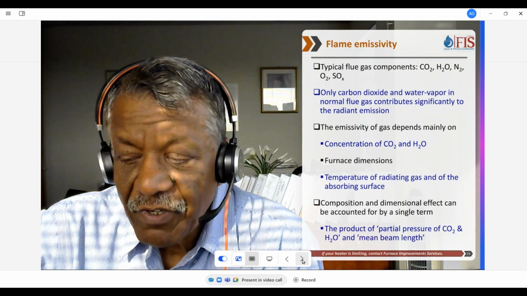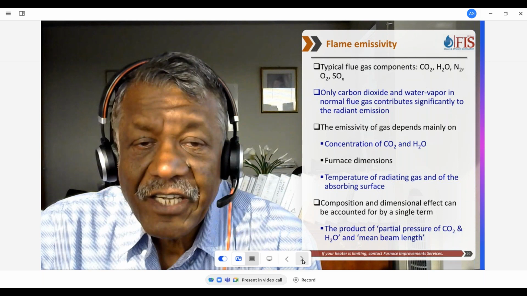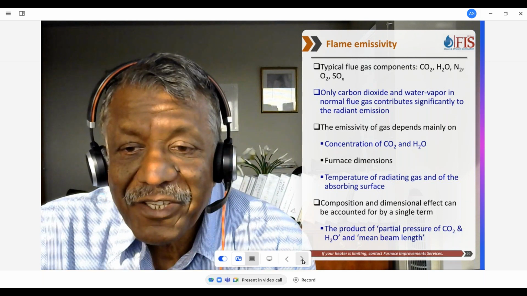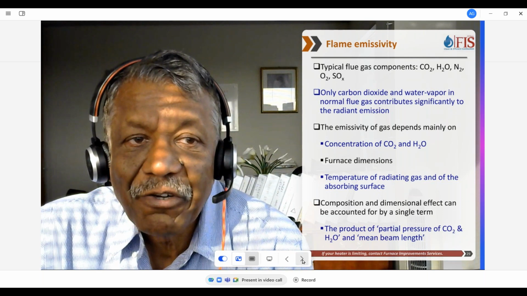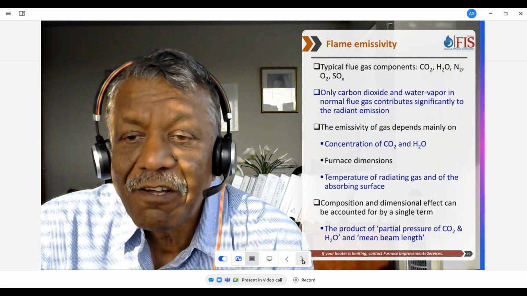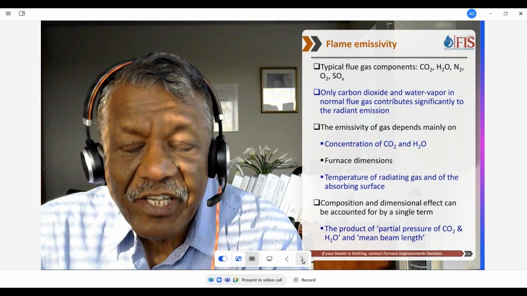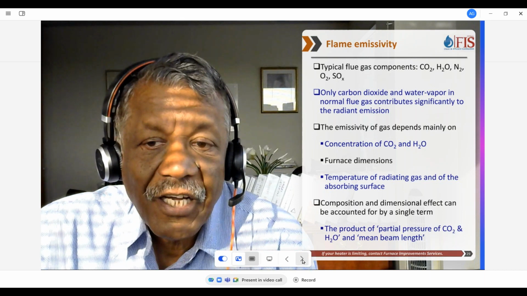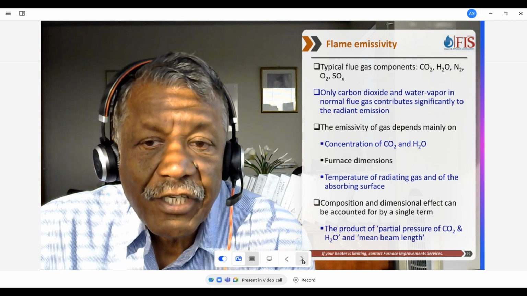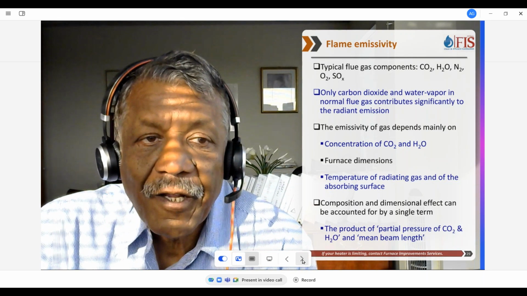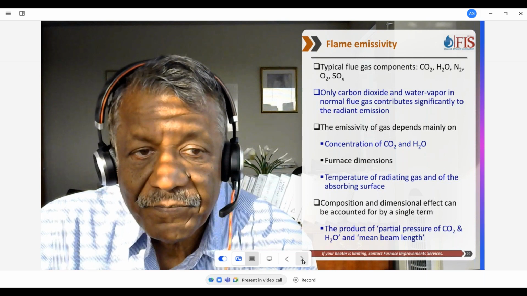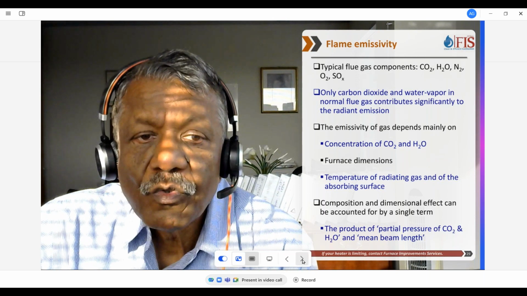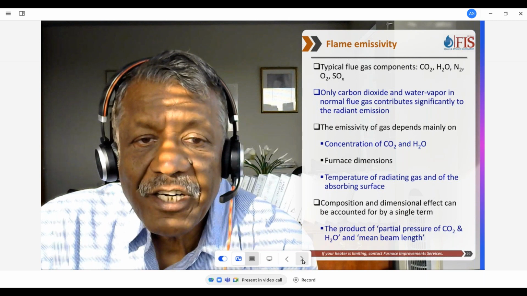And that is the same reason why everybody is talking these days about greenhouse gases, because it's the carbon dioxide which radiates heat back to the atmosphere. You know, so CO2 has this property along with water vapors. And these are the two components which are radiating.